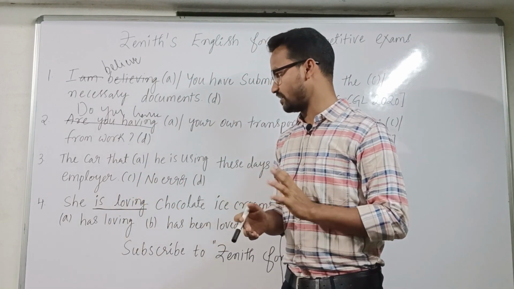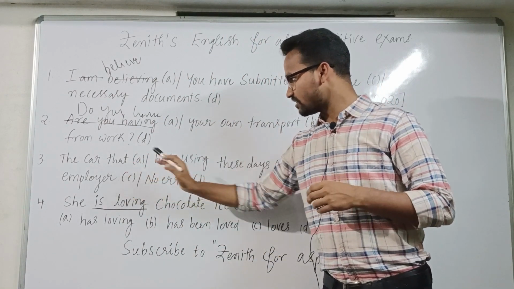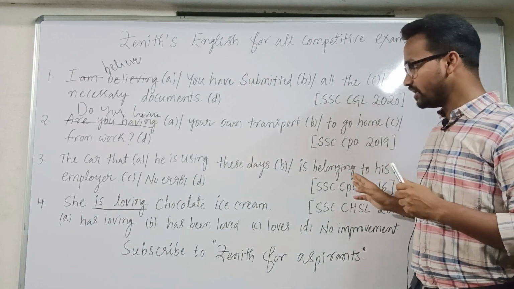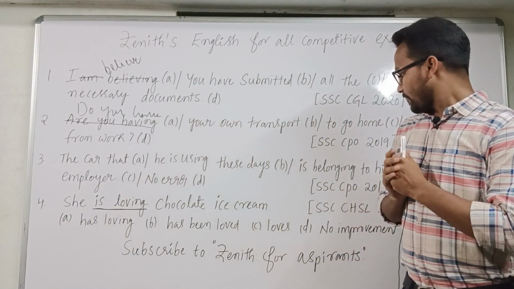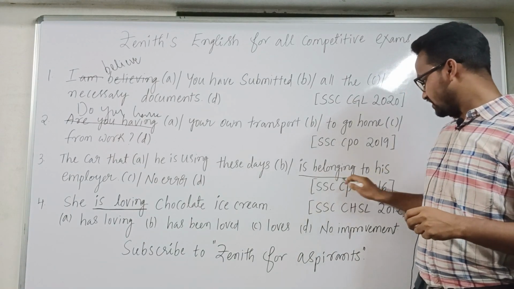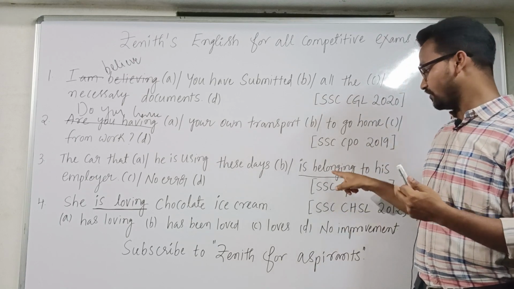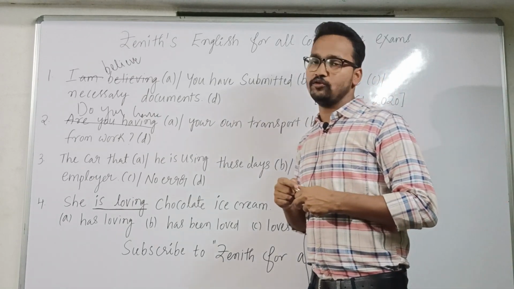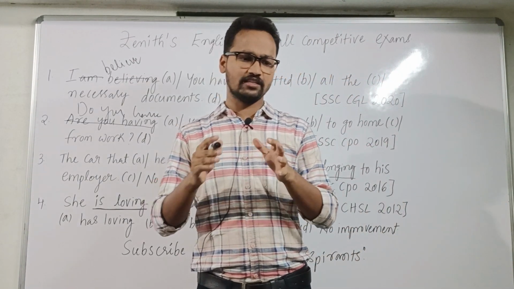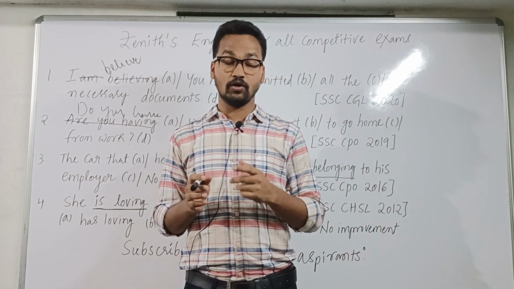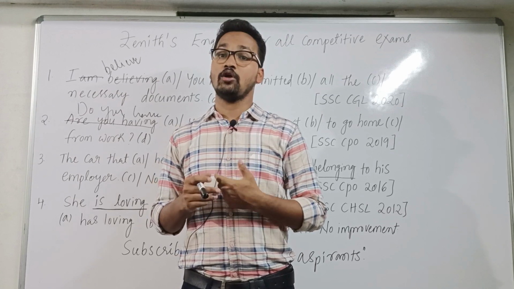These sentences are correct. And the third question is, the car that he is using these days is belonging to his employer, and the error lies in part C. As I have already told you, the verb belong cannot be used in the present continuous tense. Not only in the present continuous tense, we cannot use it in any continuous tenses, because belong is a non-action verb.